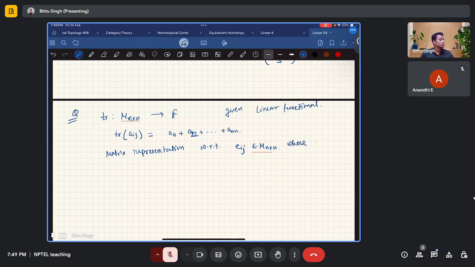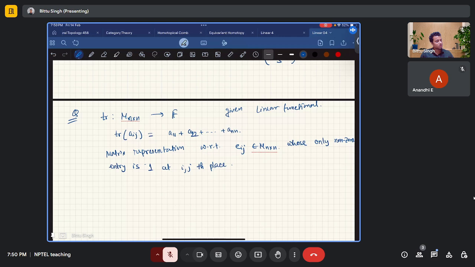whose only non-zero entry is 1 at the ijth place. It is only the ijth entry that is non-zero, which is 1, and other entries are 0.